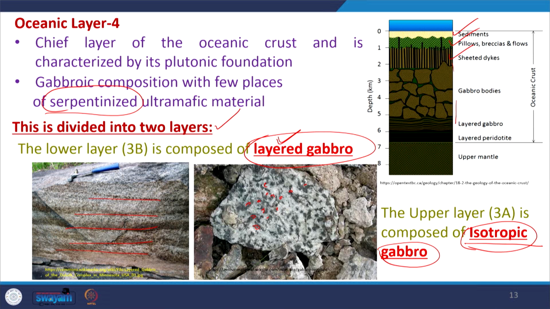Imagine there is a magma chamber inside and we are allowing the magma to cool down. The first minerals to crystallize are olivine and chrome spinels.